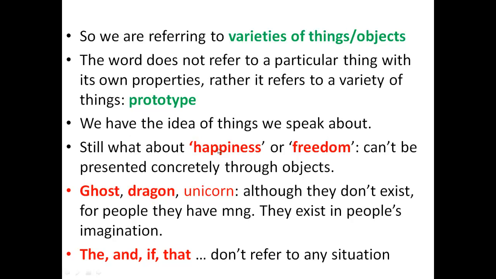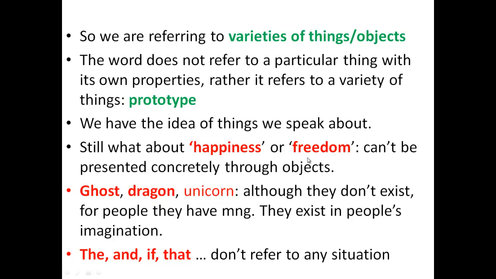Still, what about happiness or freedom? These words and many others like them can't be presented concretely through objects. If we say that tree can be presented concretely through some objects in nature, mountain, boy, and other things, what about happiness and freedom?